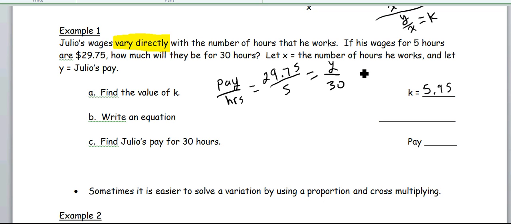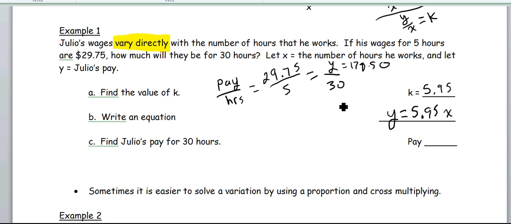Y, of course I jumped ahead of myself a little bit, is $178.50. So let me jump back. To write the equation, it would be y equals 5.95 times x.